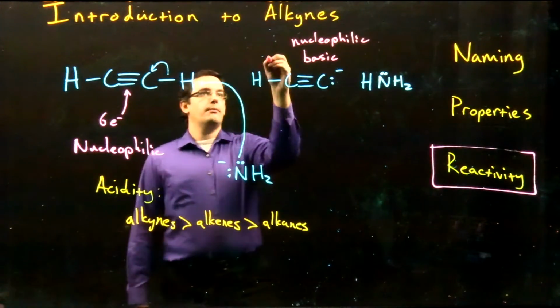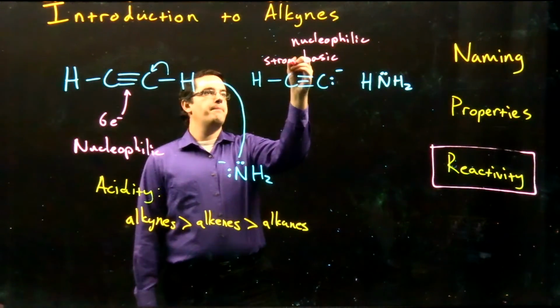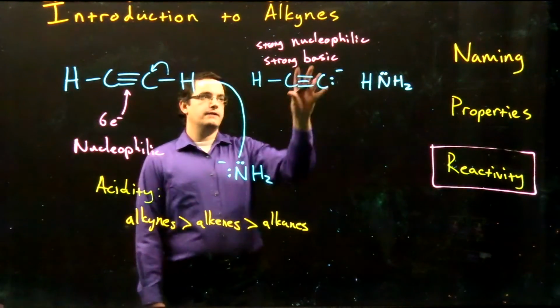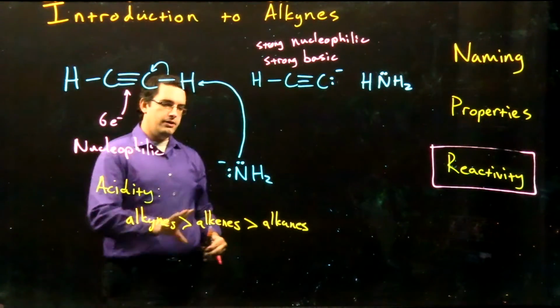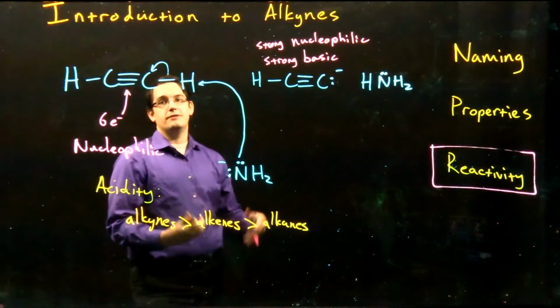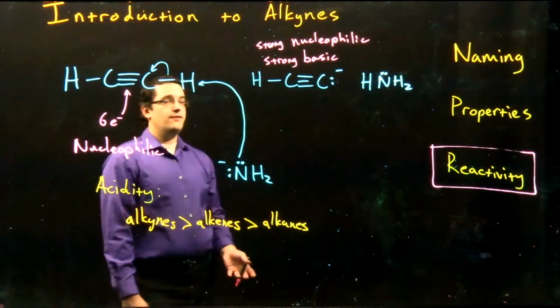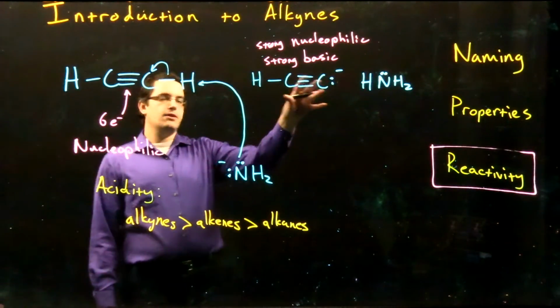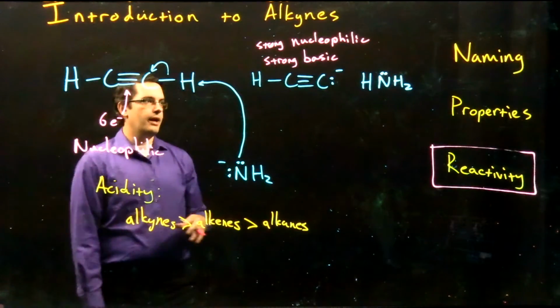Right? So we have a very strong base and a very strong nucleophile. Again, of course, since this was a strong base, we had to use an even stronger base to produce it. Right? That's why we couldn't use hydroxide ion, because even though hydroxide ion is a relatively strong base, it's actually not as strong as our carbanion product here.